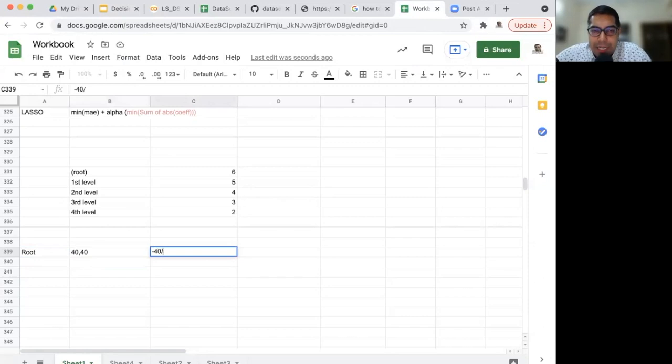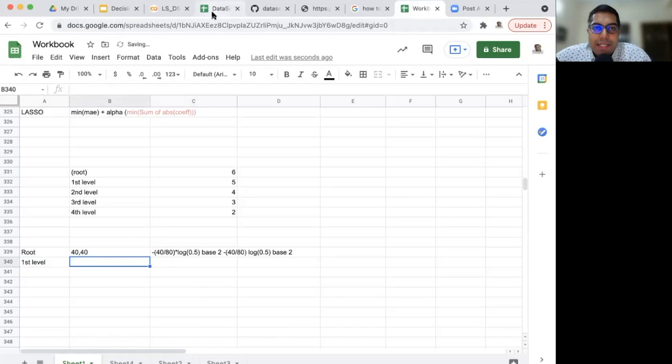Minus 40 divided by 80, log of this guy, which is 0.5, base 2. So I'm just writing it right now. Okay. Minus the next element is also 40, right? So 40 divided by 80, again log 0.5 base 2.